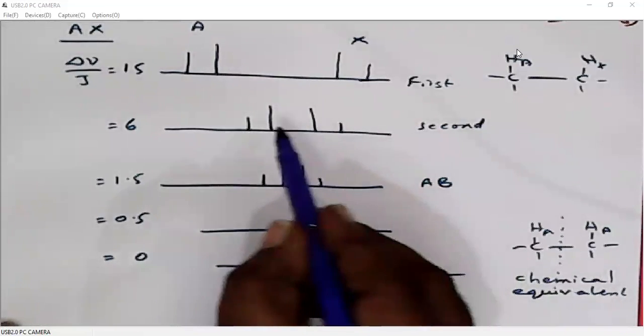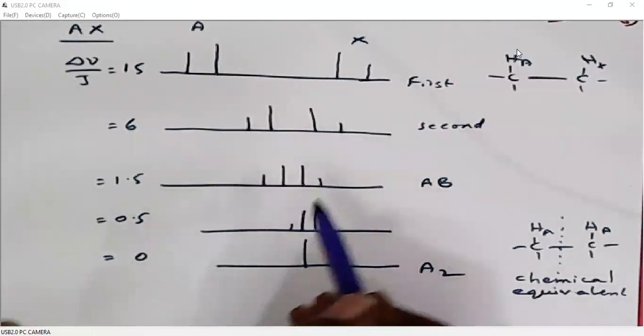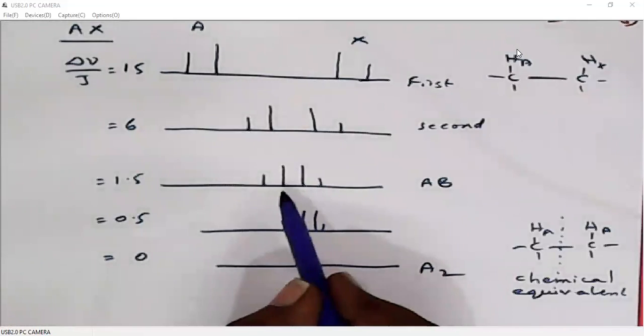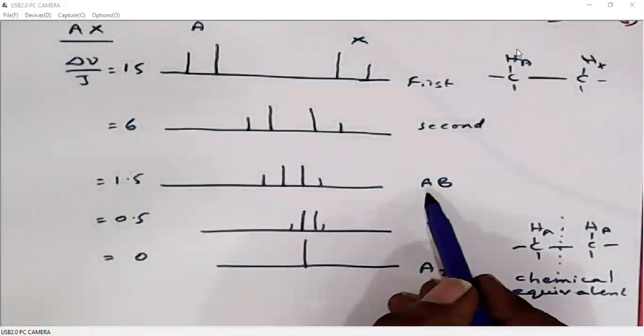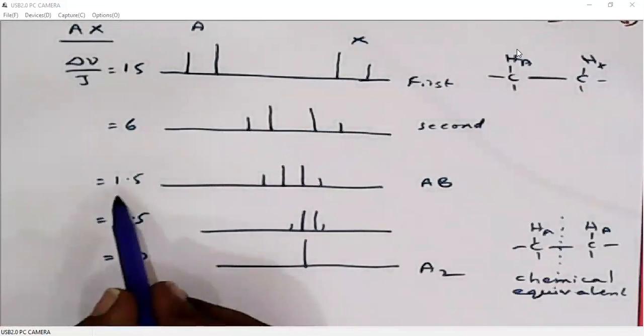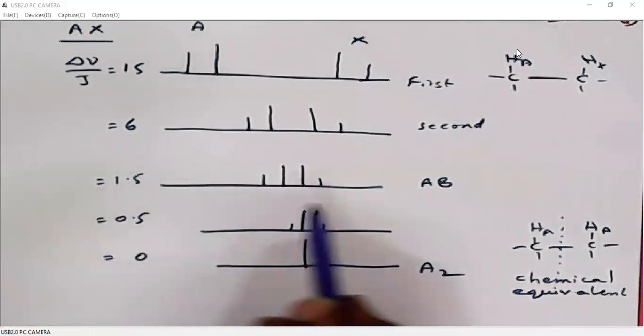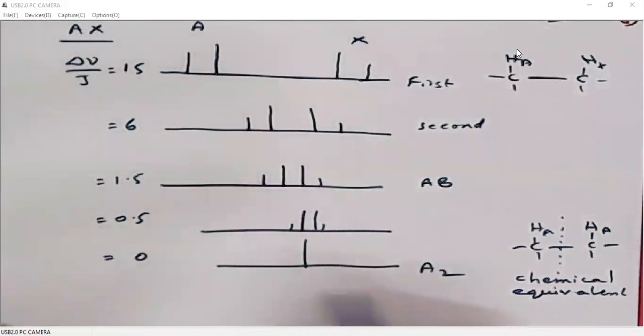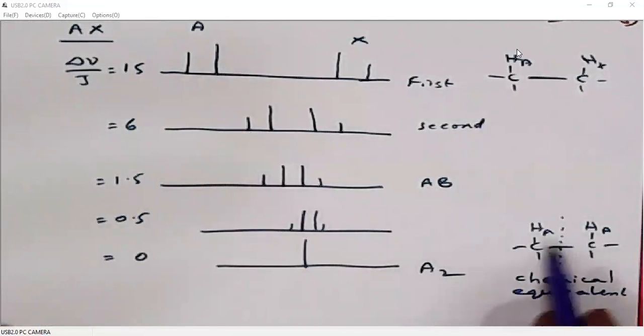Here it is somewhat clear, it looks like a doublet of doublets, but here it is not a doublet. The multiplet is somewhat complex, so we call it the AB system. We observe the AB system when delta nu by J is almost 1.5. When delta nu by J becomes 0, it means the protons are chemically equivalent. We don't get splitting or different delta values, we get only a single delta value.